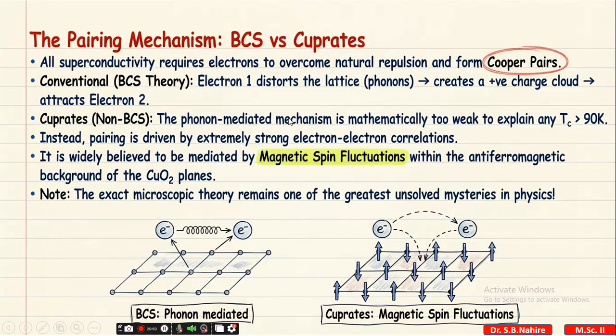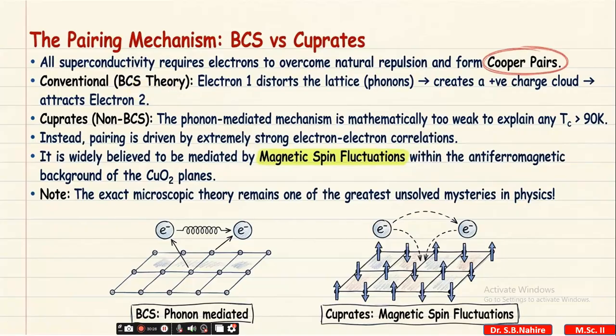Now, let us understand one of the most important concepts in superconductivity, the pairing mechanism in BCS theory and in cuprates. First point. All superconductivity requires electrons to overcome their natural repulsion and form what are called Cooper pairs. Now, let us first understand the conventional mechanism, that is BCS theory.